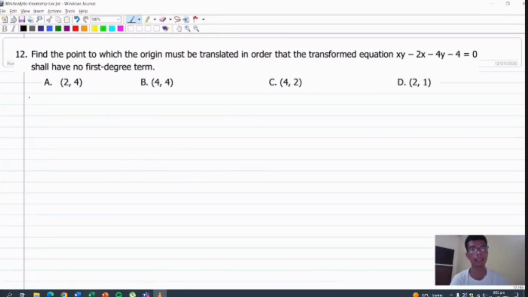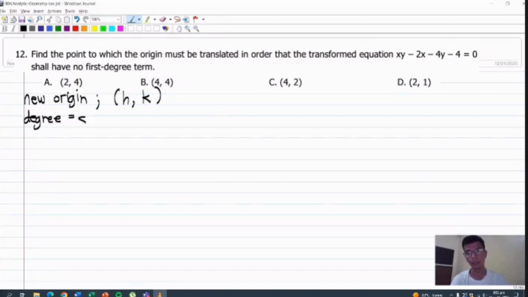Where do we move the origin? Since it is the origin being moved, we are asked to find the new origin, and that is (h, k). But the equation must have no first degree term. So what is the meaning of degree?